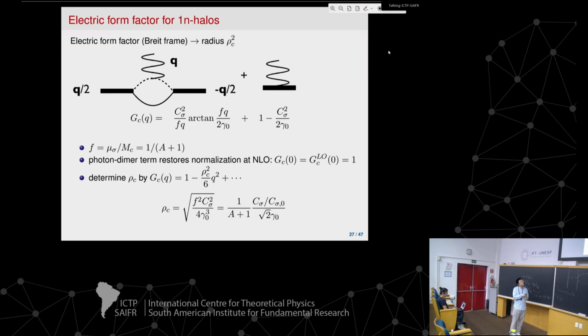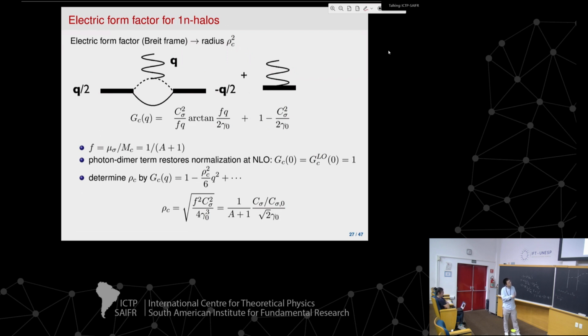Then you can find these relations easily. If you use these equations you derive from halo effective field theory for these charge form factors and perform this Q expansion, you will determine this rho C radius from your calculations.